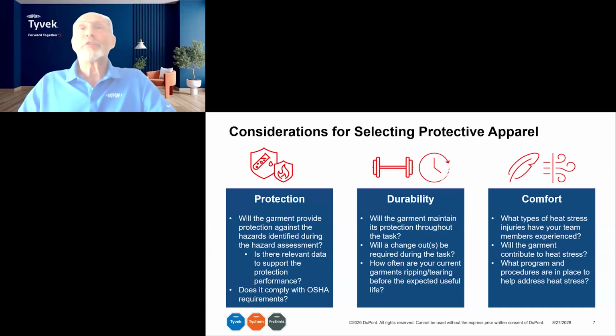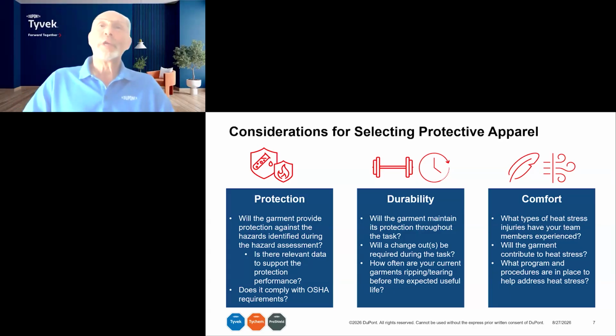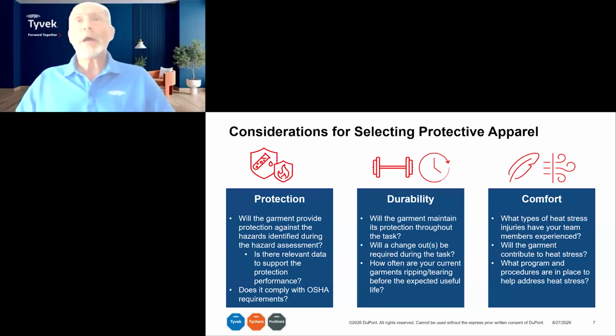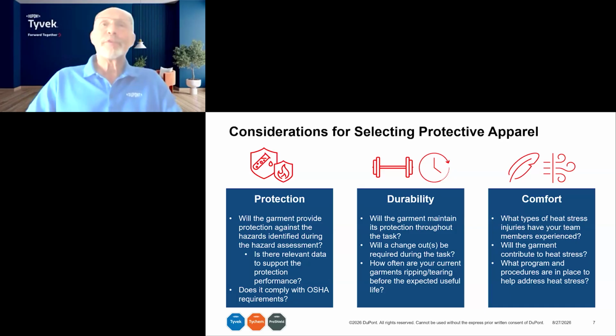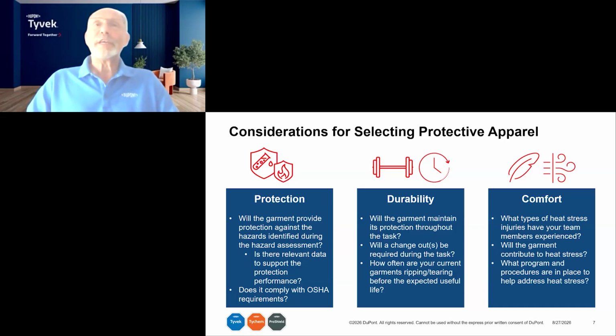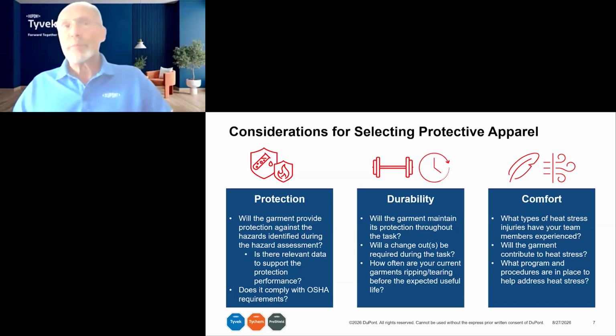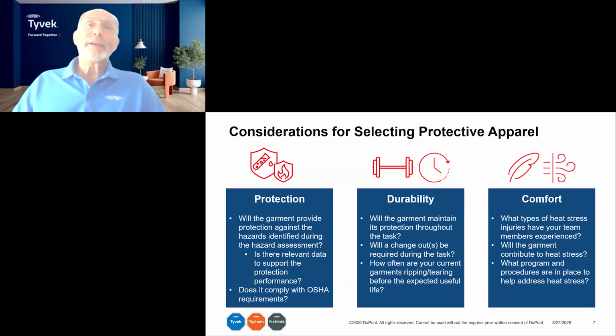Durability is an important consideration because it can impact how often you're replacing garments. In other words, are you changing out garments multiple times between a task or a shift? And this can have impact on protection as well as having productivity and cost implications. And then comfort, obviously, is also an important consideration because we know that the comfort of workers can impact compliance and overall productivity and morale.